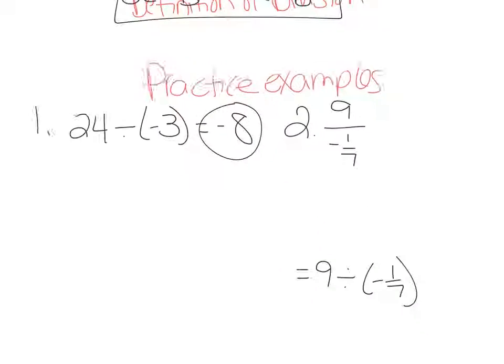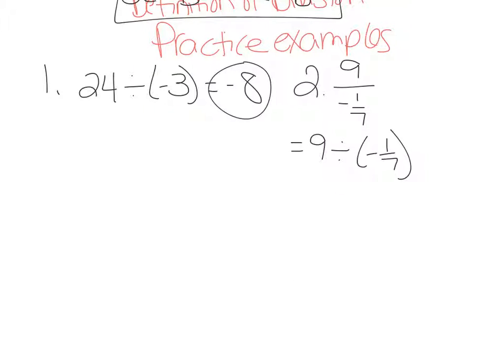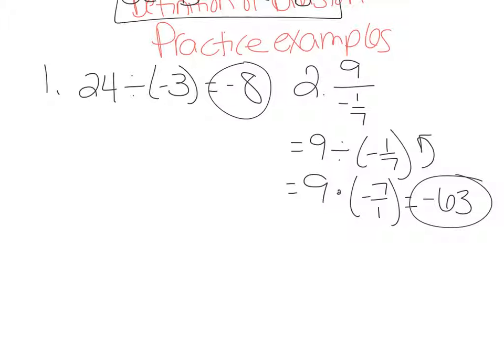Instead of dividing by a negative 1/7, I'm going to multiply by the reciprocal of negative 1/7. So we're just going to take that fraction and flip it upside down, so it turns into a negative 7 over 1, which would just be a negative 7. And I just have 9 times negative 7, which gives me negative 63.